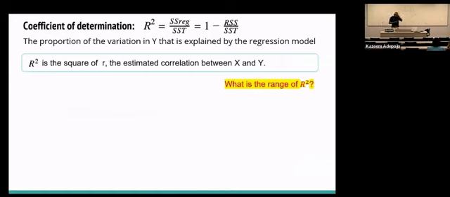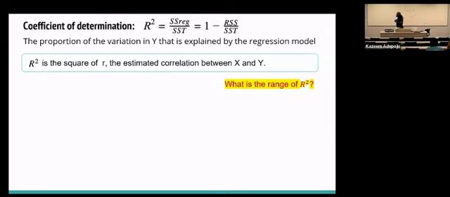Right now, I just walked you through how the variation around the dependent variable can be decomposed into two: explained variation and unexplained variation. The coefficient of determination will tell us how much out of the 100% variation in the dependent variable can be explained by the model.